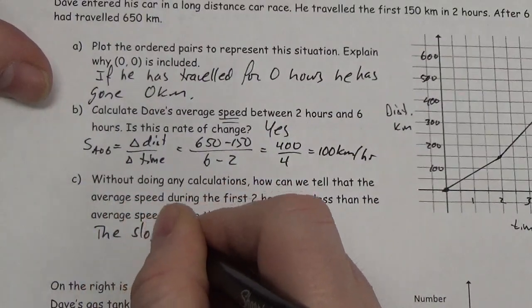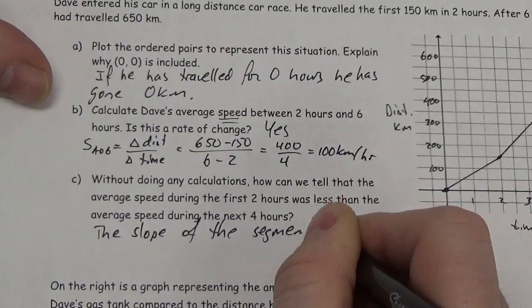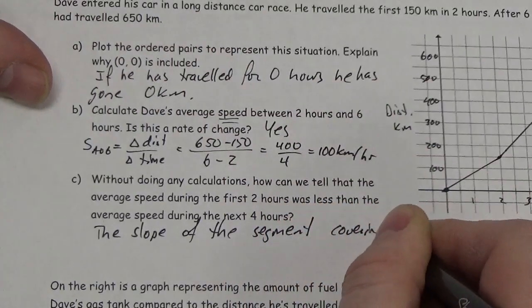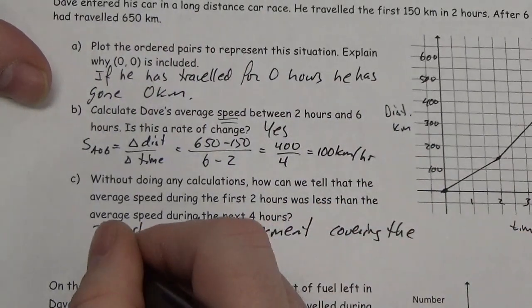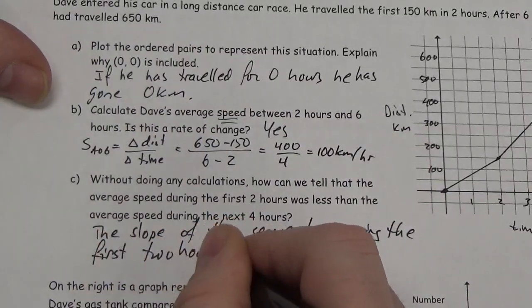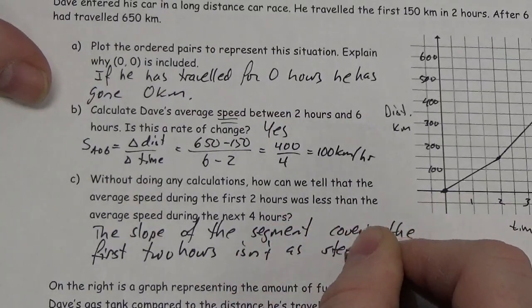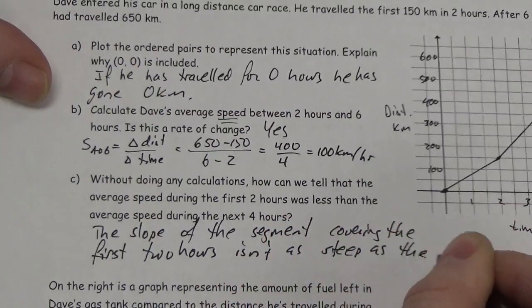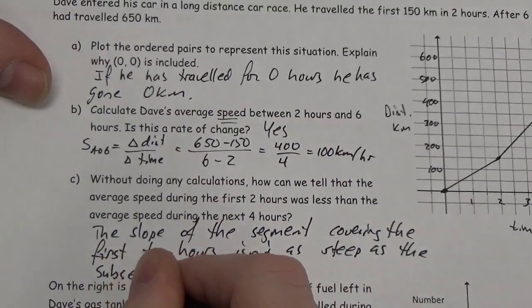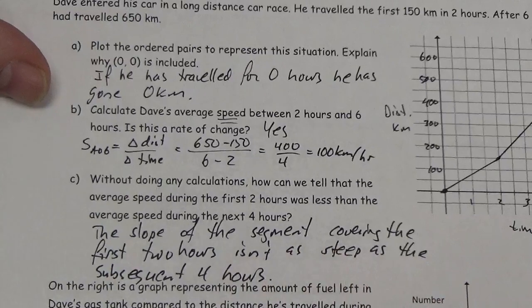The slope of the segment covering the first 2 hours isn't as steep as the subsequent 4 hours. So that's how I know.